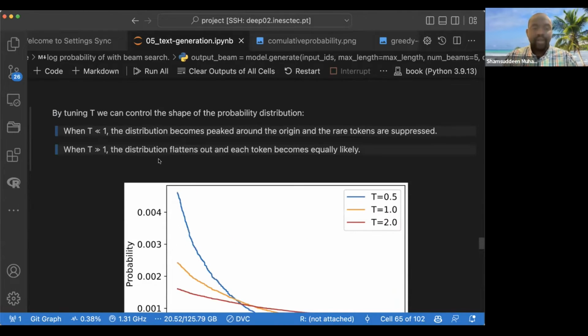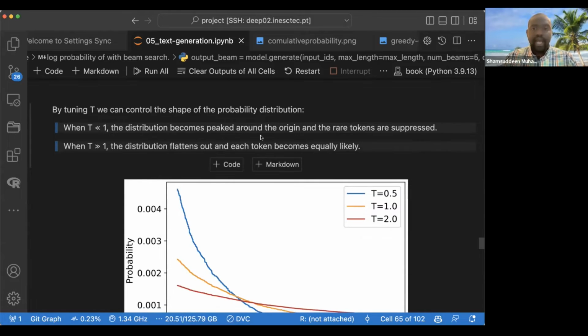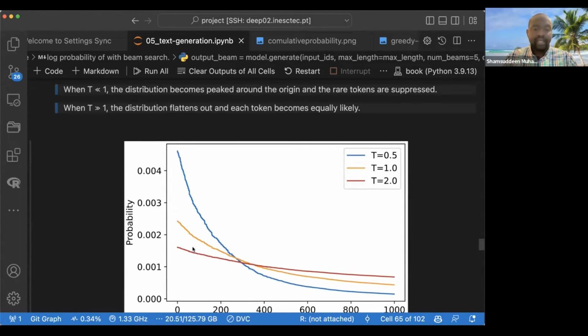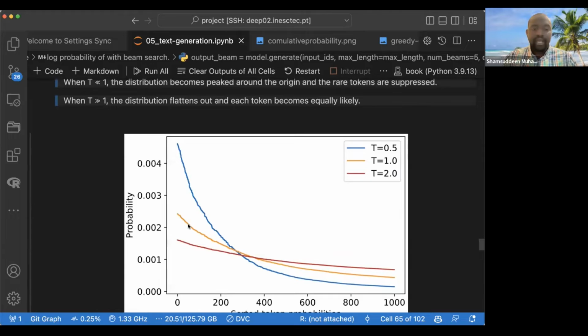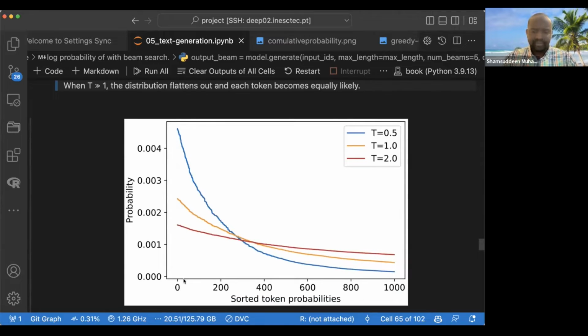We can see that when t is less than 1, the distribution becomes peaked around the origin and rare tokens are suppressed. They don't have higher probabilities.